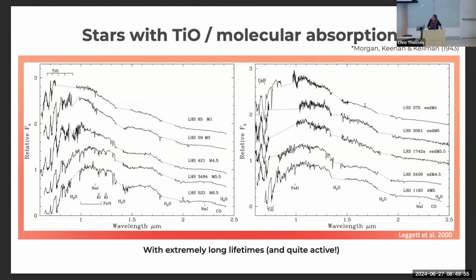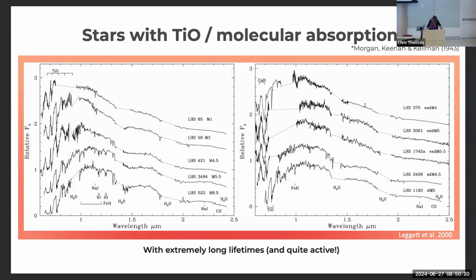Now, M dwarfs, when we talk about spectral typing, like looking at the spectra, are the stars that have titanium oxide or molecular absorption. Here I'm showing some SEDs from Sandy Leggett's paper, where we can see what's happening with M dwarfs. And if you have seen a solar type spectra, you will realize that here there is a lot of absorption.